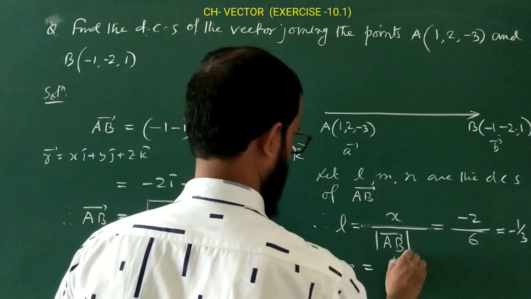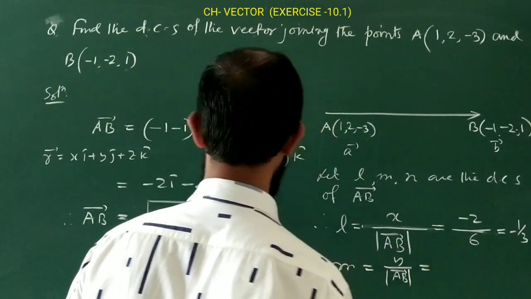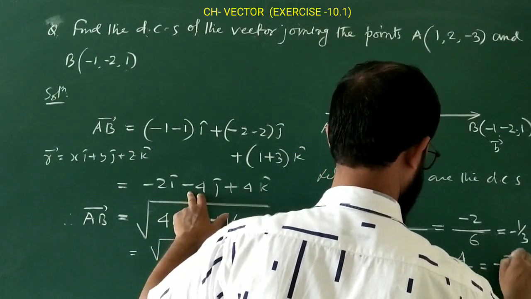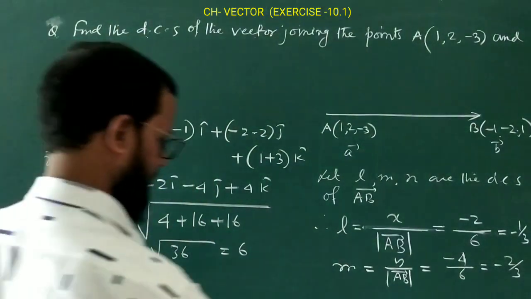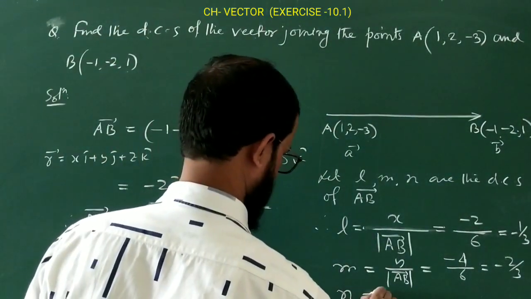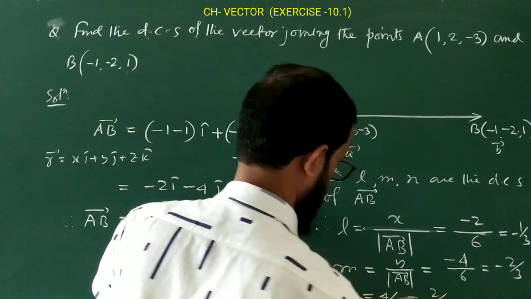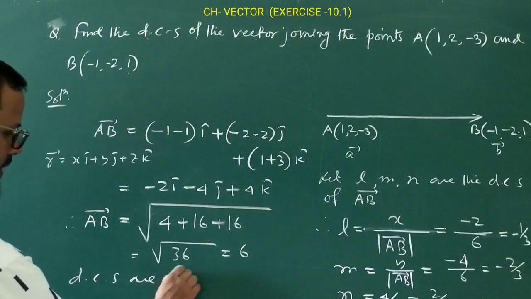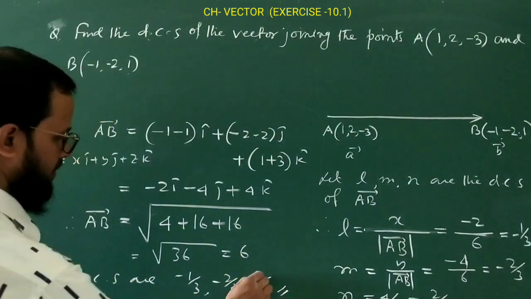Similarly m equal to what, y by magnitude of AB vector, what is y, y equal to minus 4/6 is equal to minus 2/3, and finally you get n equal to what, क्या मिलेगा, 4/6 equal to what, 2/3. So the direction cosines of the vector are minus 1/3, minus 2/3 and 2/3. Hope you understand.